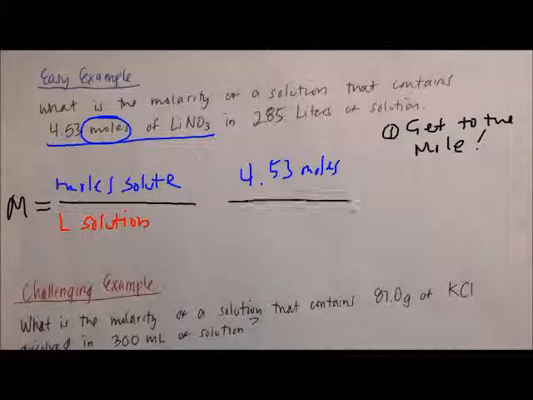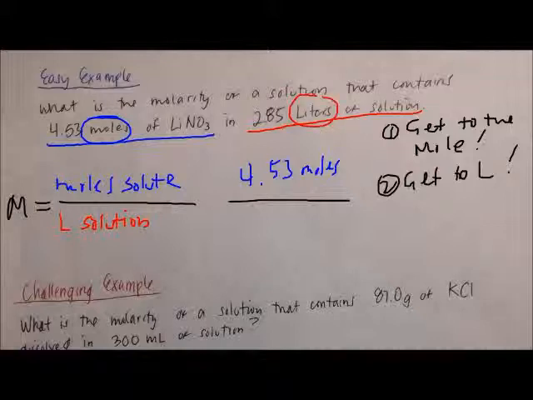Great. Our second step is to get to liters. In this equation, we're given 2.85 liters of solution. We're already at liters, so we just have to plug it into the equation. 2.85 liters.